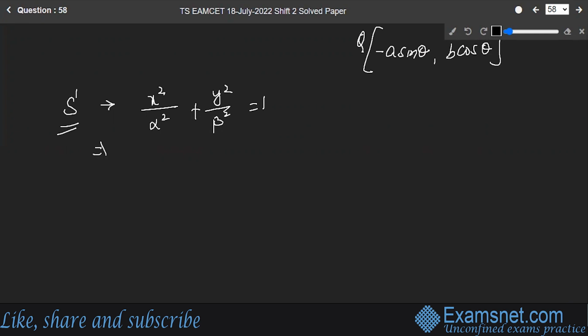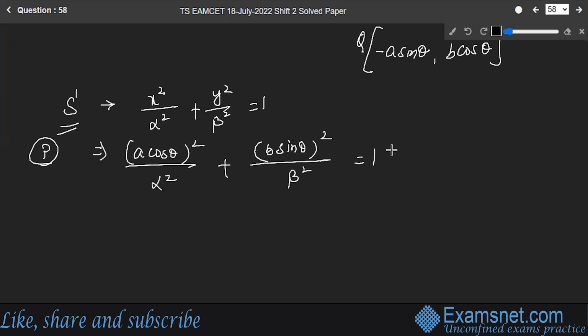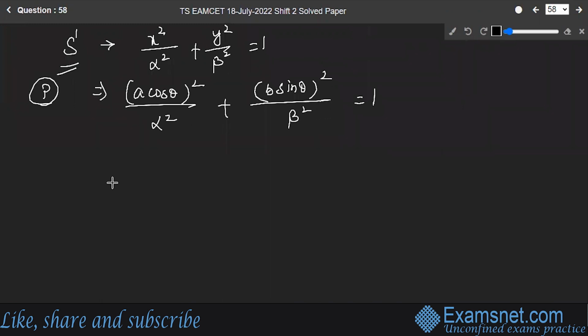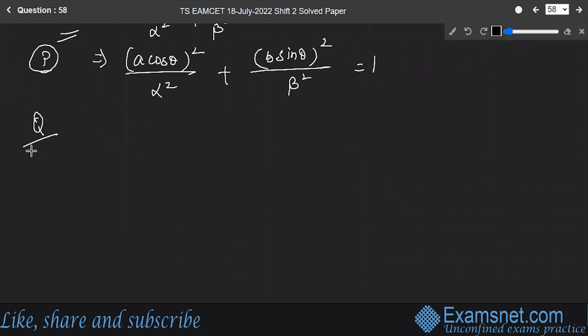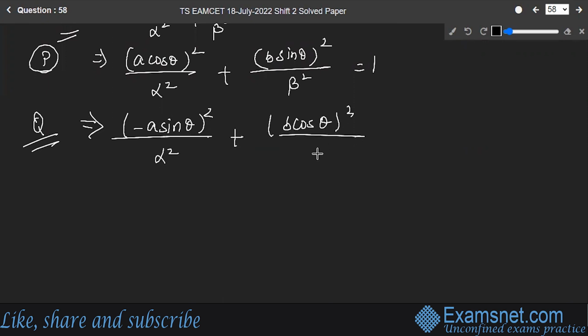For point P, this is given by a cos theta whole square upon alpha square plus b sin theta whole square upon beta square is equal to 1. And if Q satisfies it, then minus a sin theta whole square upon alpha square plus b cos theta whole square upon beta square is equal to 1.